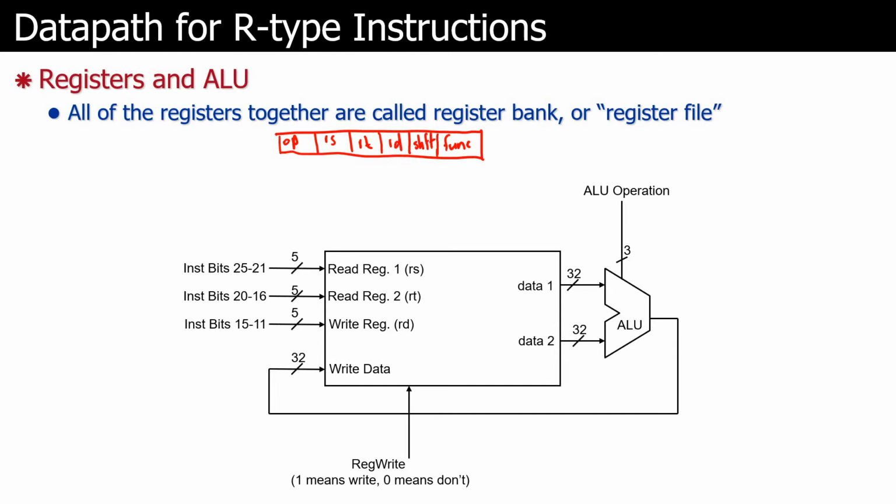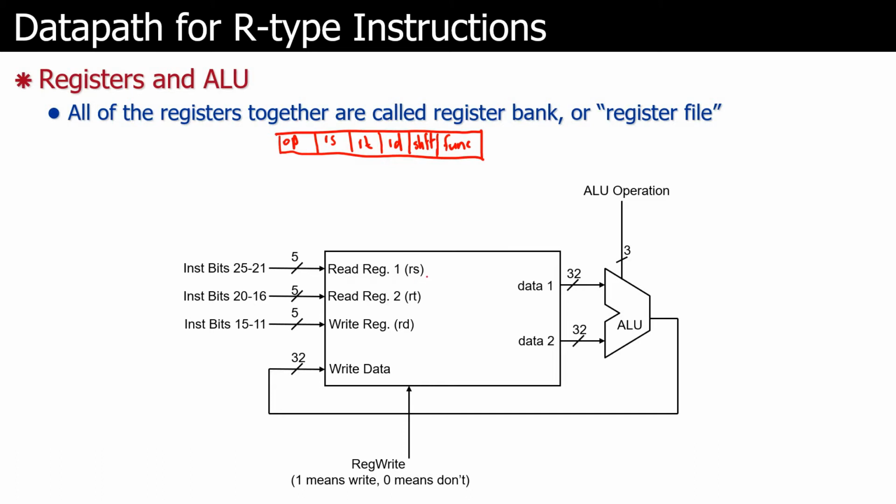And what this will basically show you is that we have the 5 bits from the instruction coming into our register file so that it can indicate what register it is that we want to do work with. And this data path is going to consist of one read register, or 2 read registers, sorry.